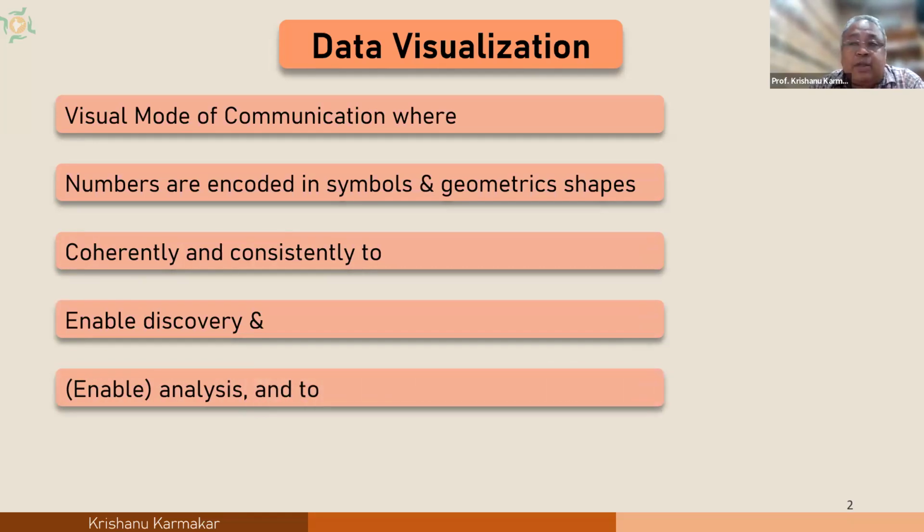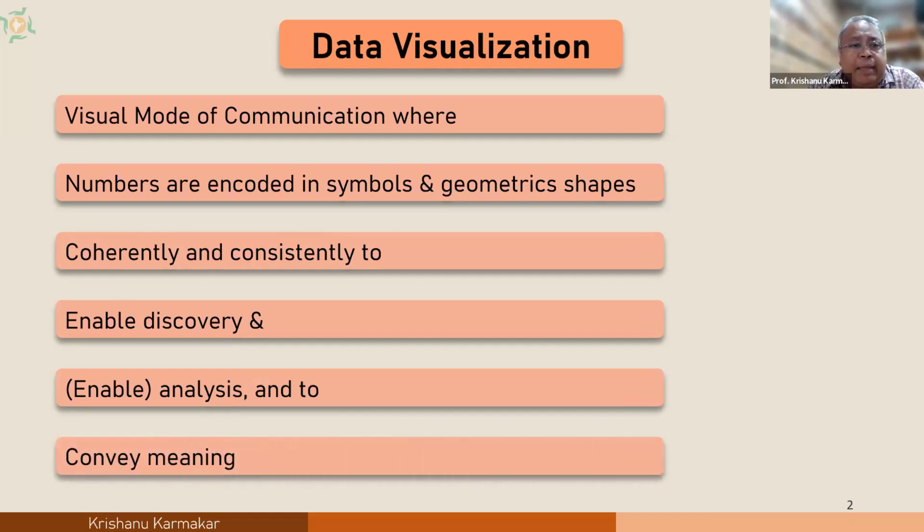So to enable discovery, and also to enable analysis, and of course finally to convey some meaning and some stories, because that is what data visualization is all about. So that is what data visualization is. It is encoding numbers that represent the world in geometric shapes.